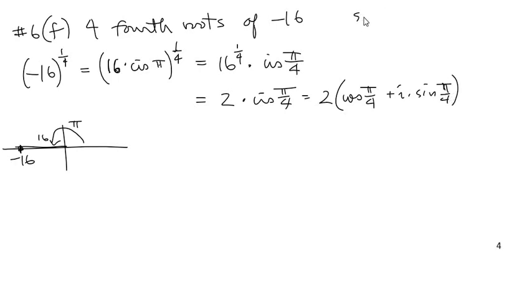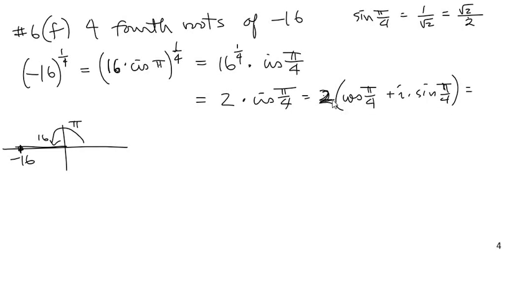Now, usually, when I see the sine of pi over 4, I just think 1 over √2. But remember, sometimes when we worked with identities and things, it was more convenient to use the rationalized form, √2 over 2. And that's going to be true here because I'm going to be multiplying by 2. So if I write it so that there's a 2 in the denominator, those 2's will cancel out, won't they?